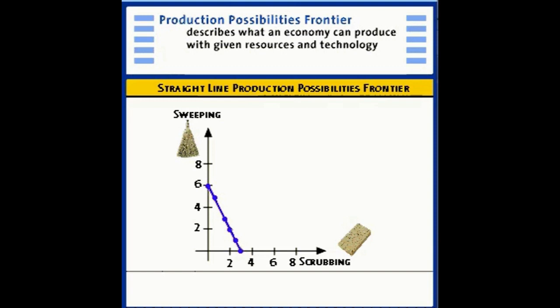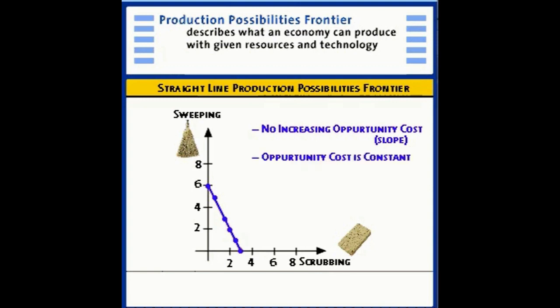Anytime Bernie wants to sweep an extra room, it's going to take him 10 minutes. Anytime Bernie wants to scrub an extra room, it's going to take him 20 minutes. These are the assumptions that we've used to describe Bernie's technology. Well, because Bernie's costs are constant in this way, because all of his time and talent is equally well suited for sweeping and scrubbing, Bernie's opportunity cost is constant.